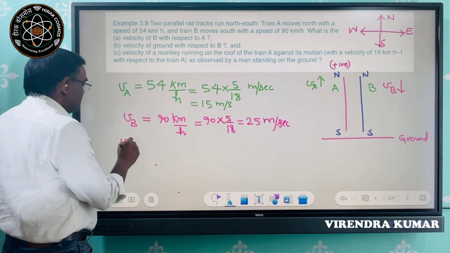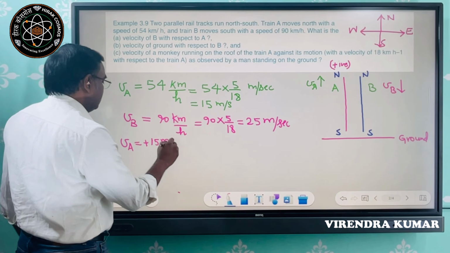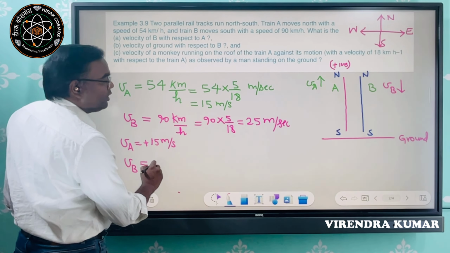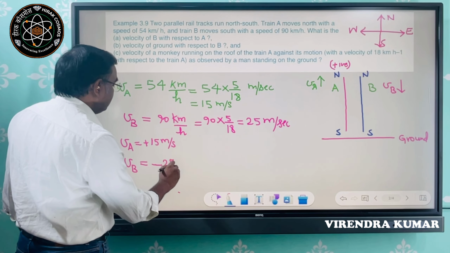So VA is positive and VB is negative, that is minus 25 meter per second.